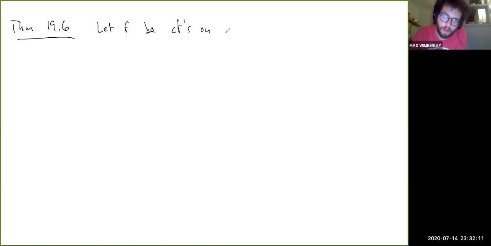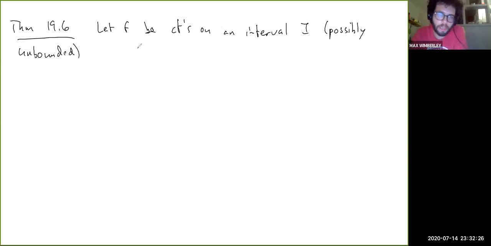So the theorem is this. It has kind of a complicated statement. Let f be continuous on an interval I, possibly unbounded in either direction.